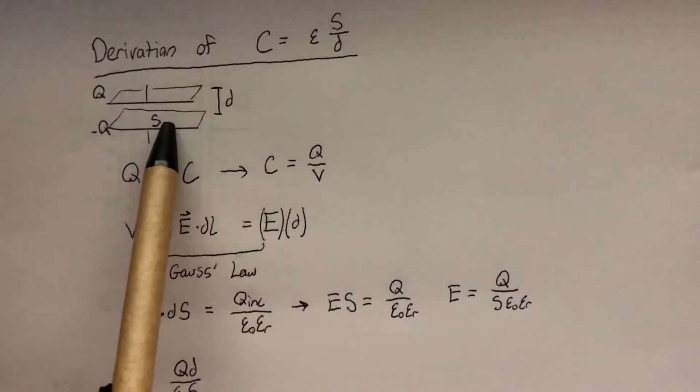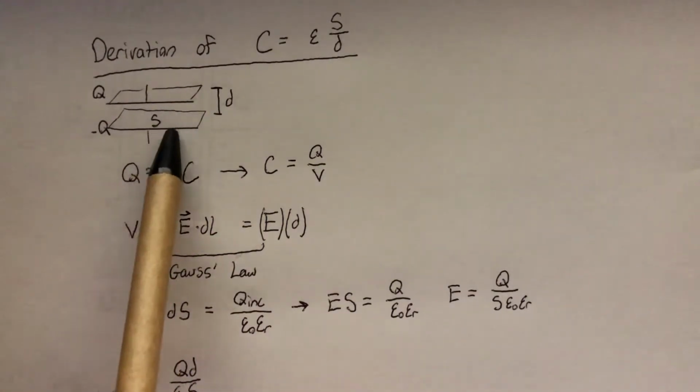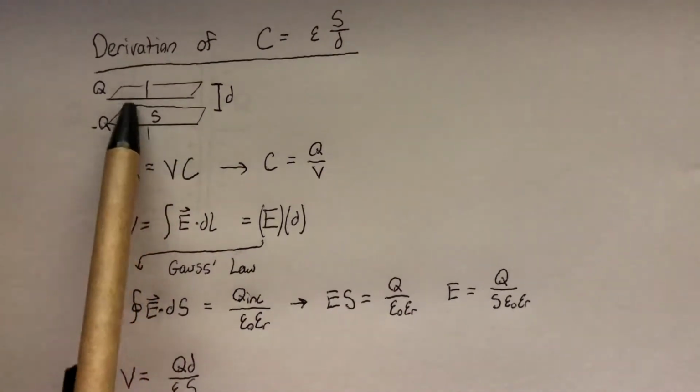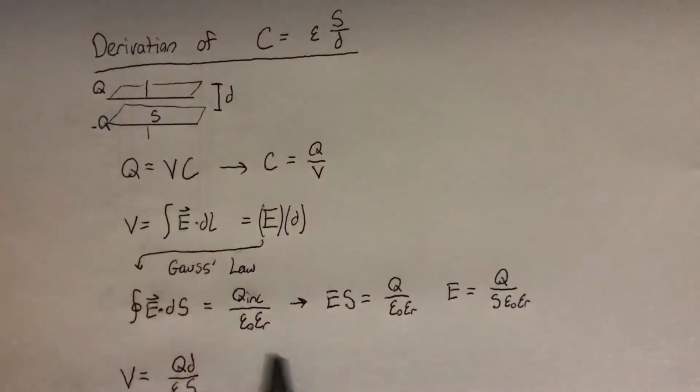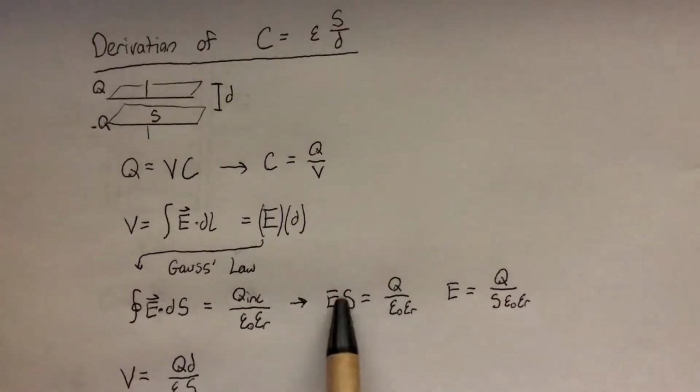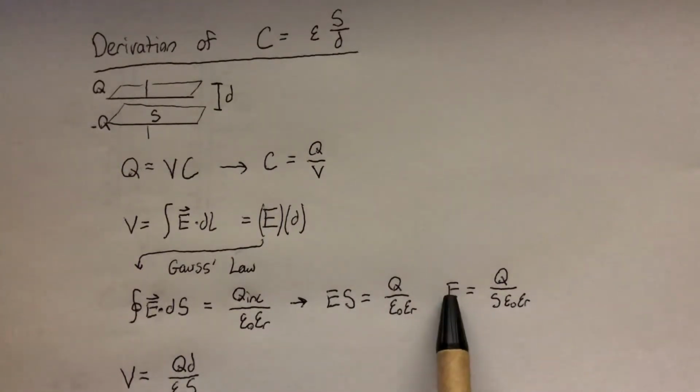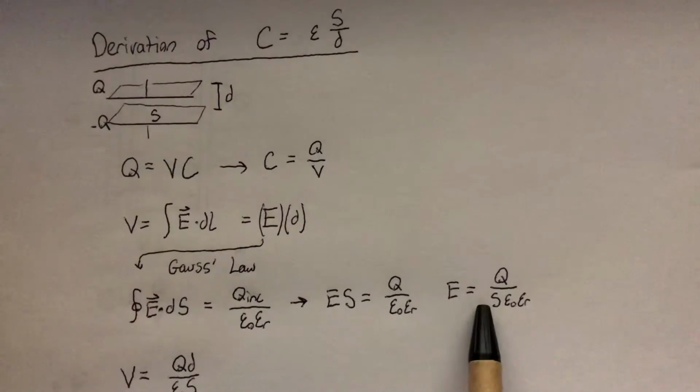There's no cosine, or the cosine is of 0, which is equal to 1, because the electric field is going in the same direction as the normal of the surface area. And that's equal to the charge over the permittivity, and bringing the S over, we have the electric field is equal to Q over capital S times that permittivity.